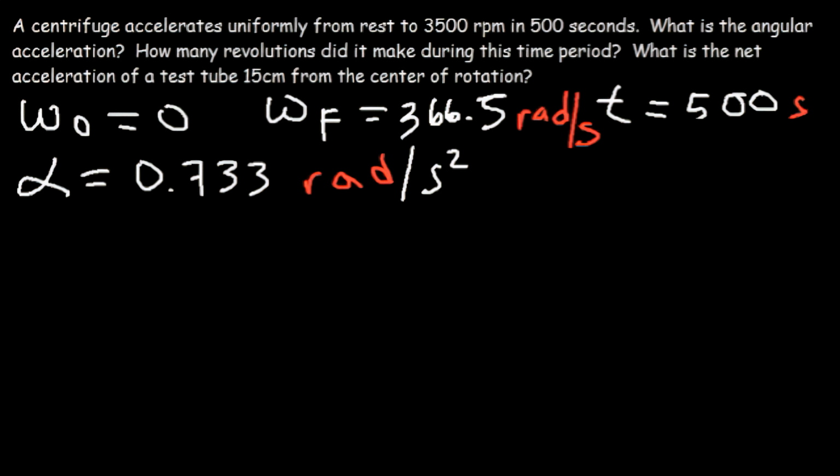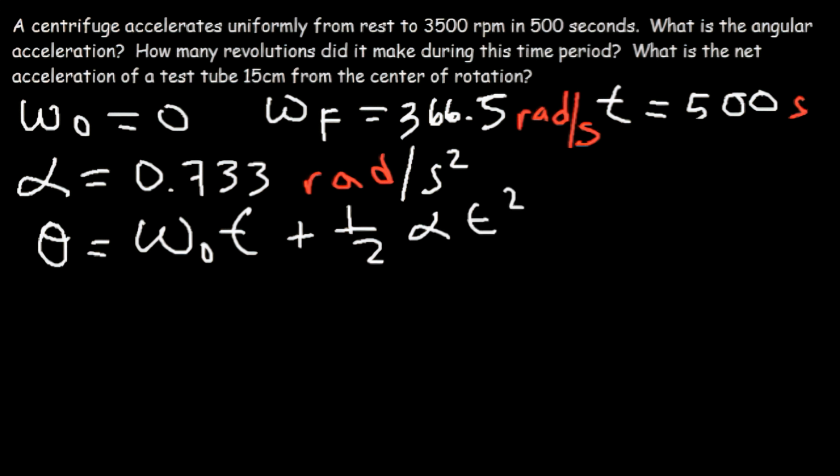One equation that we can use is this one. The angular displacement is equal to the initial angular speed multiplied by the time plus 1/2 alpha t squared. So the initial angular speed is 0.